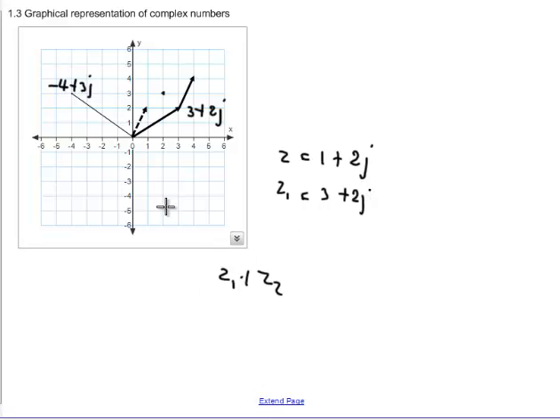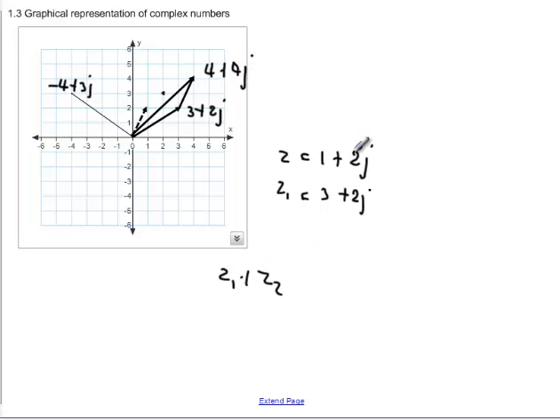Now the new vector will come from the origin to that point. What is the vector there? On the geometrical representation, what do you see? 4 plus 4j.